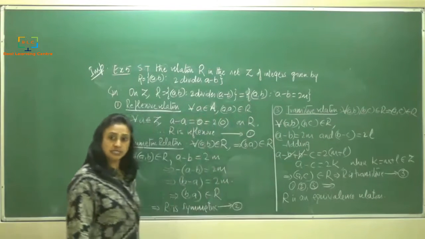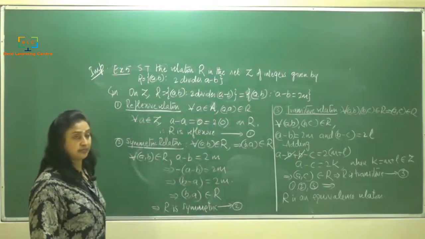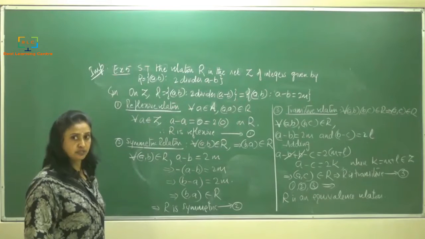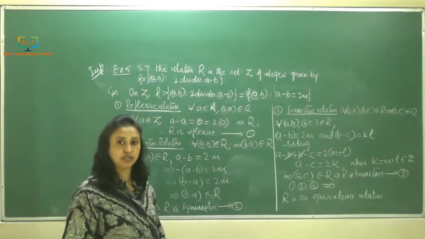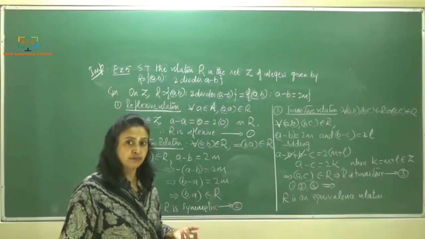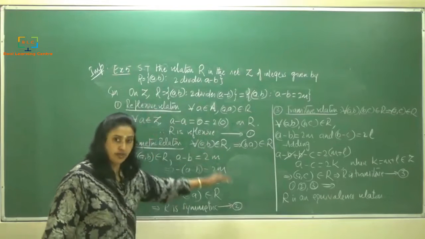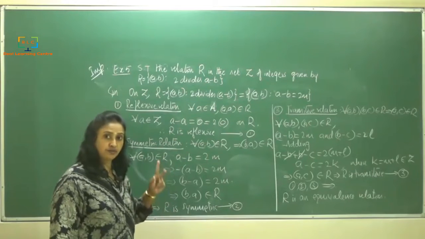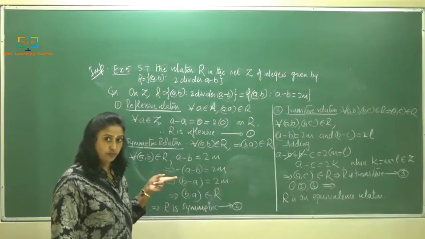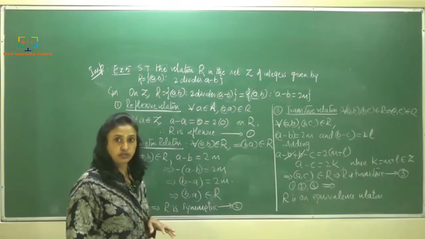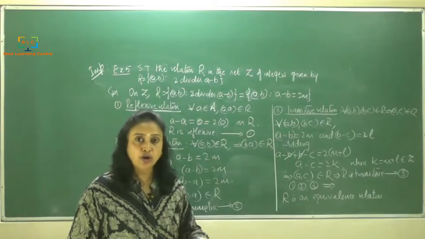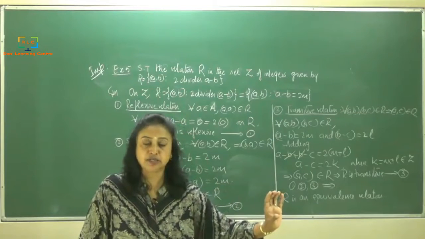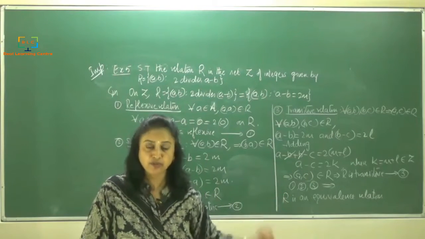Okay. Now, in this question, they had not given you any set. But there is a question where they have given the set A equal to 1, 2, 3, 4 till 14. In that particular problem, you can either do it the same way, generalizing the terms, that for every two terms in the given set it happens like this, or you can write all the ordered pairs obtainable from whatever they have defined.